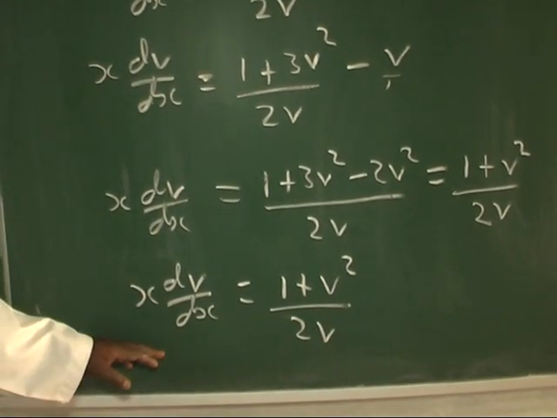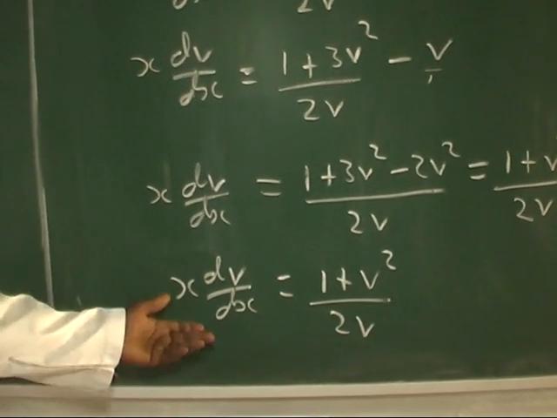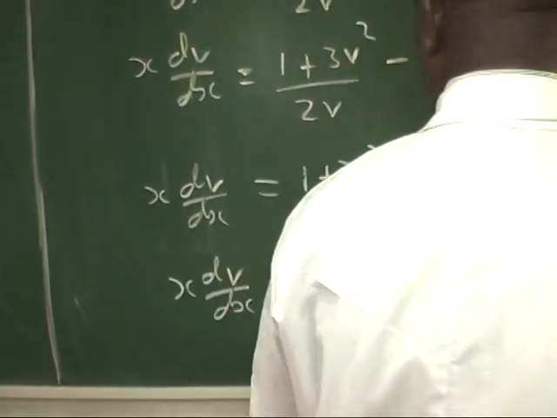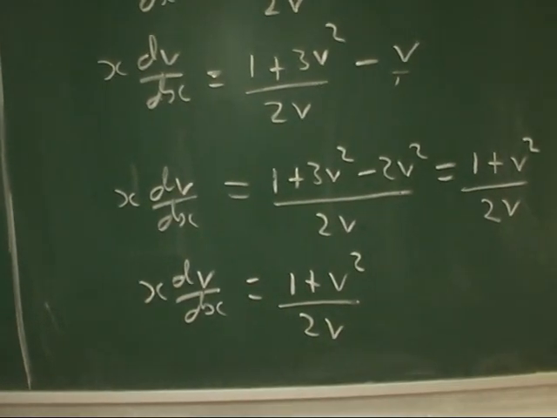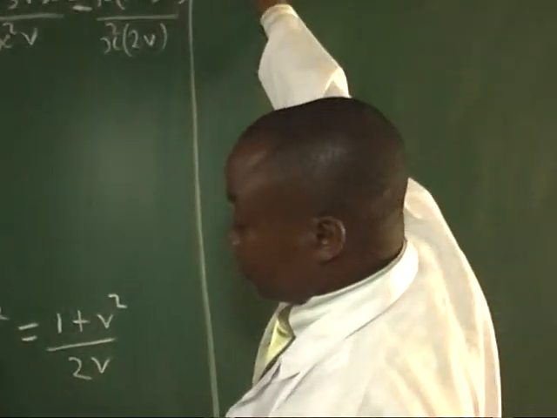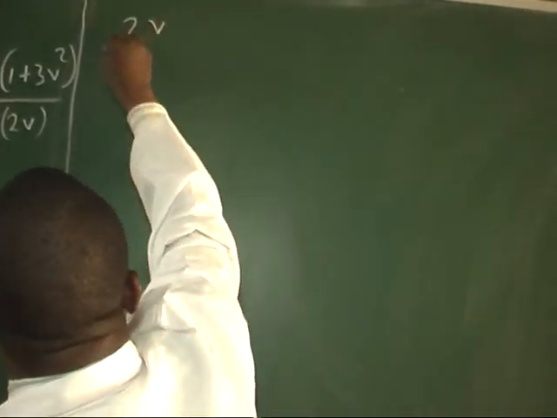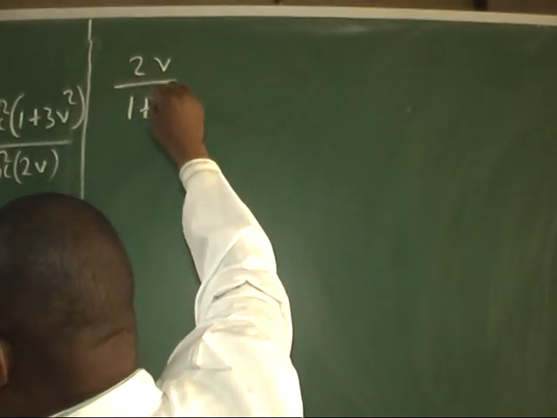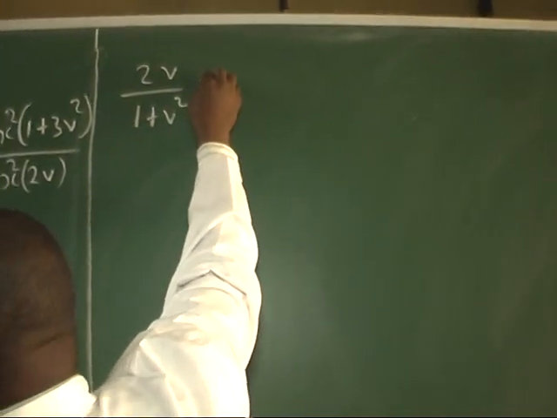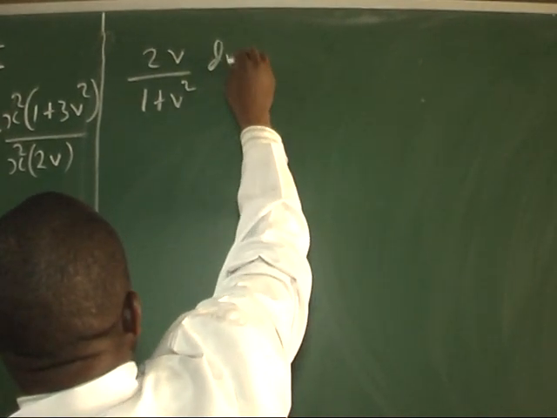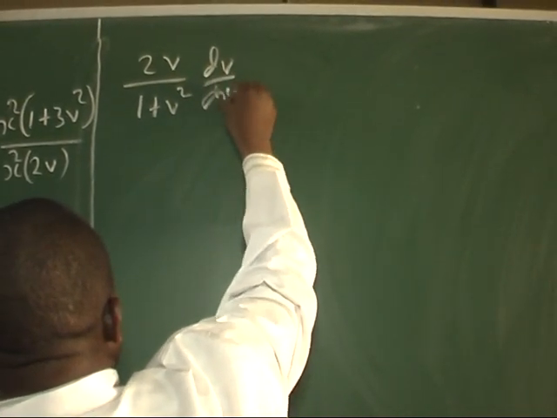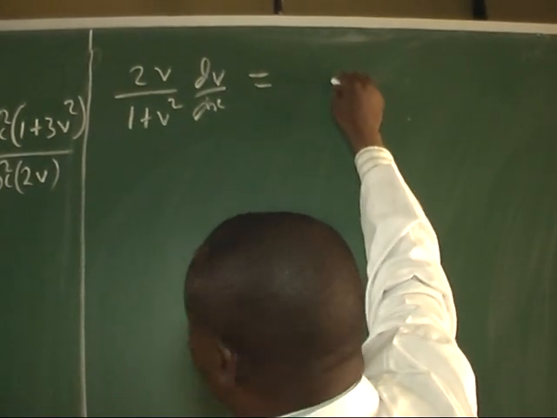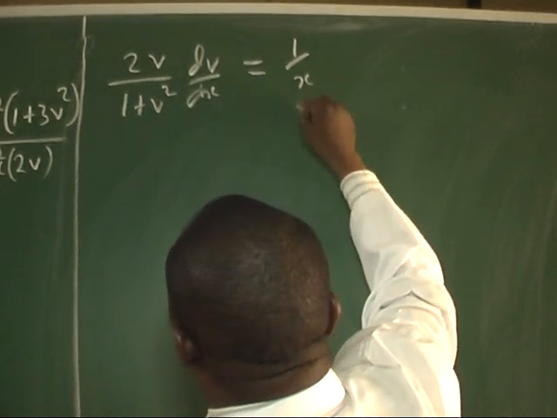Now here, we come to a stage where we can apply separation of variables. By separation of variables, we see that we will have 2v all over 1 plus v squared dv will be equal to 1 all over x dx.